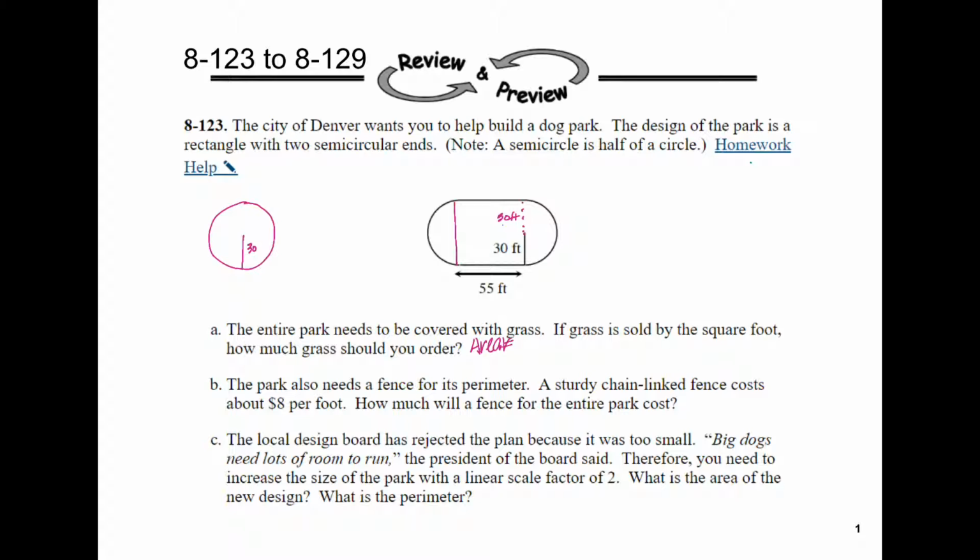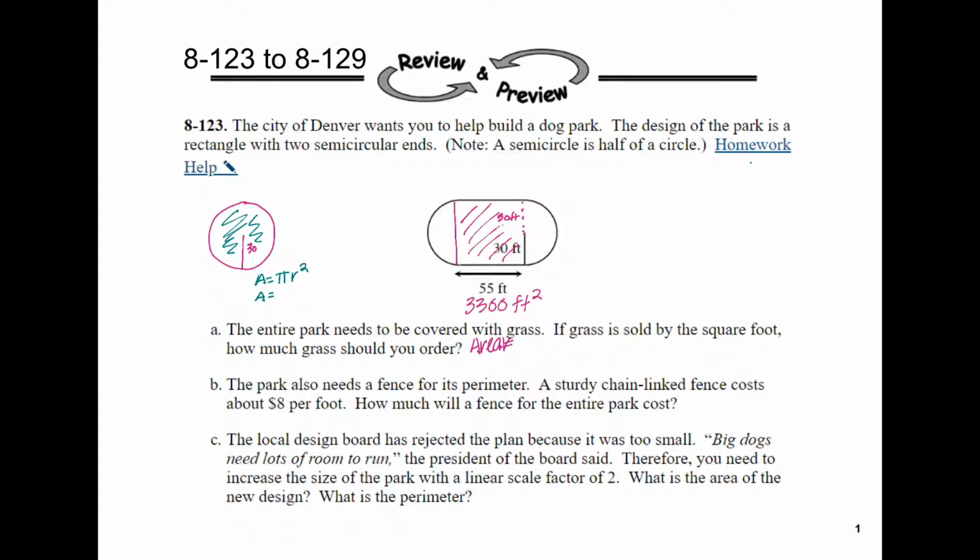So to find the area of this portion of our dog park, we would do 60 times 55, which would give us 3,300 feet squared.